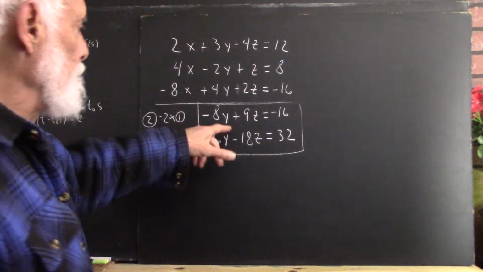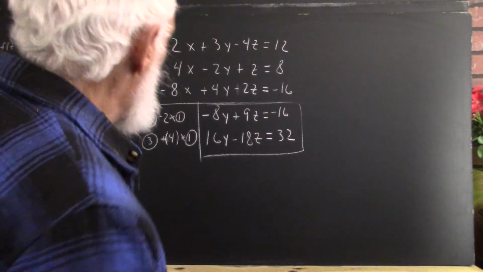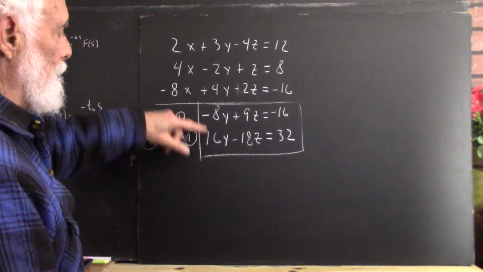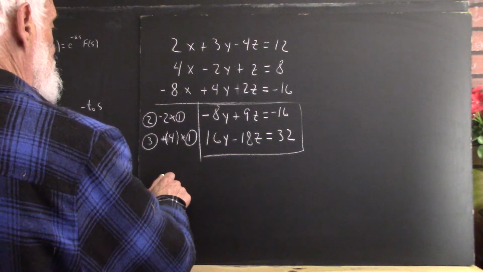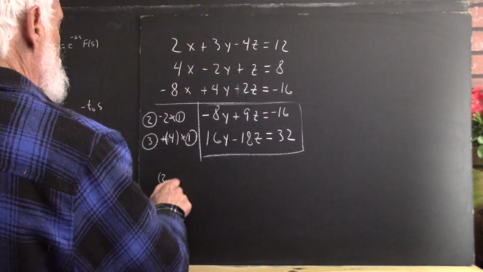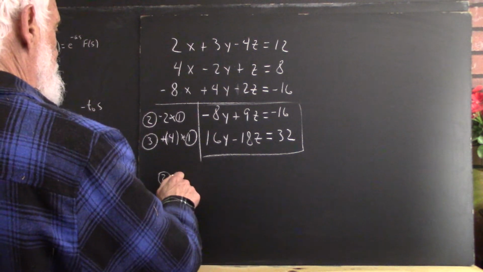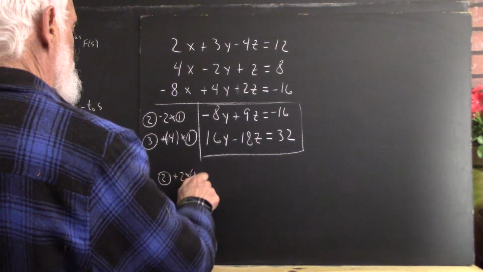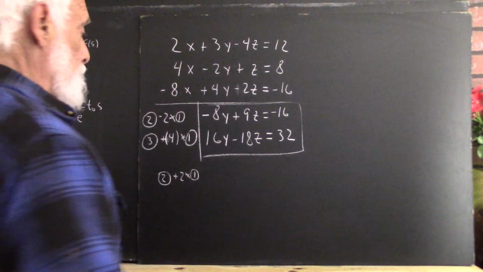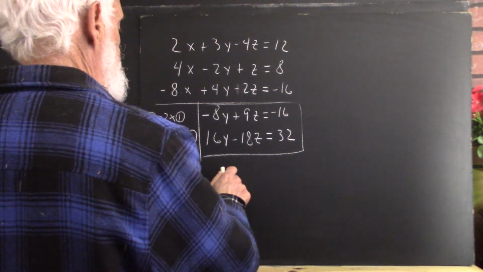Well, now what happens? Well, if I add 2 times this to this, I eliminate y. So I do the second equation from up here plus 2 times the first. And I get 0.